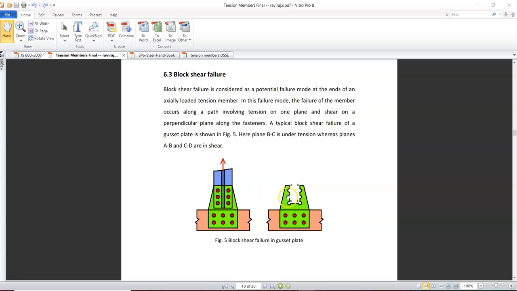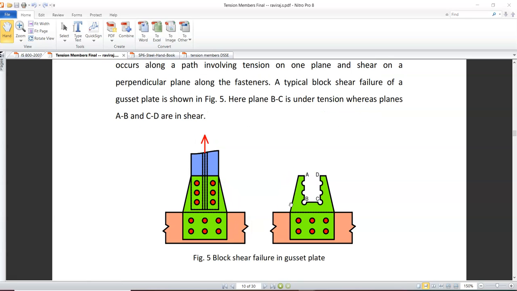In block shear, the section fails by a combination of shearing and tension. Your member has sheared across the lines AB and DC, and it has failed by tension across BC.